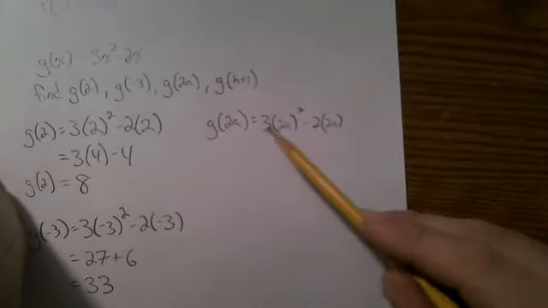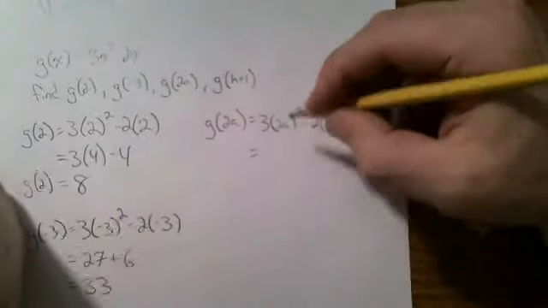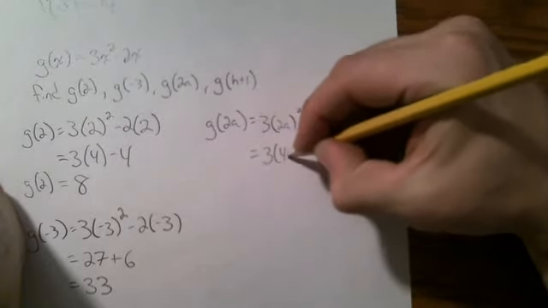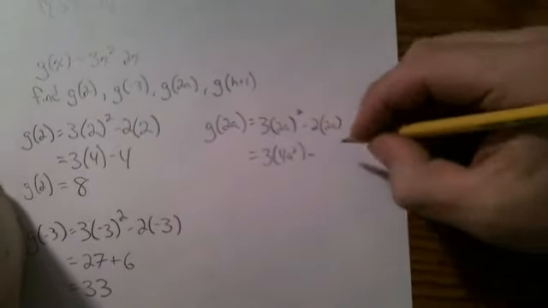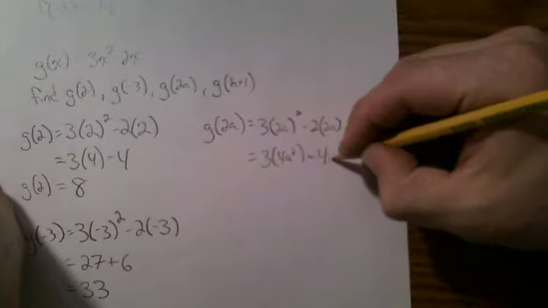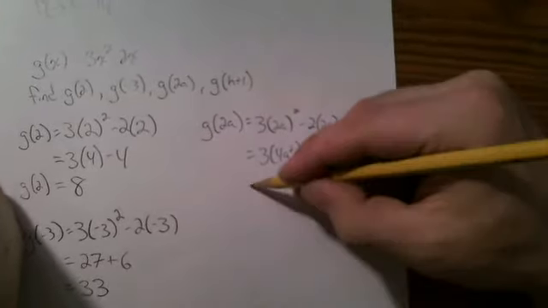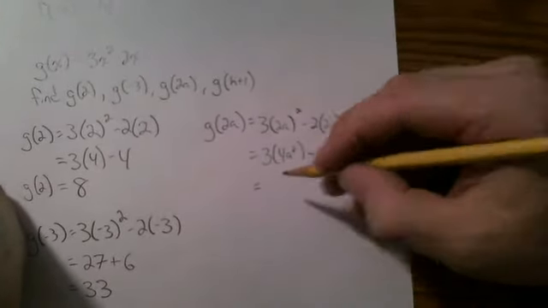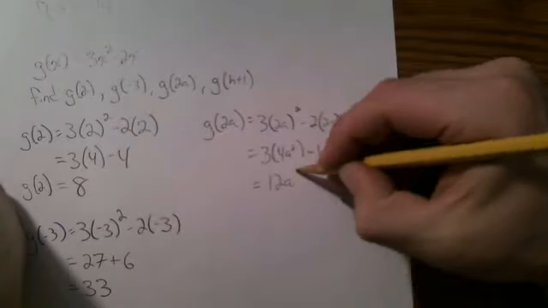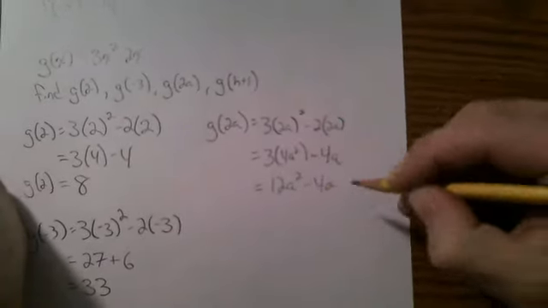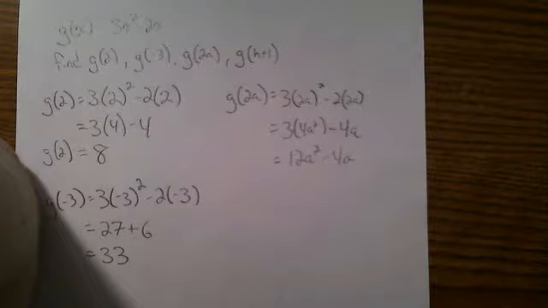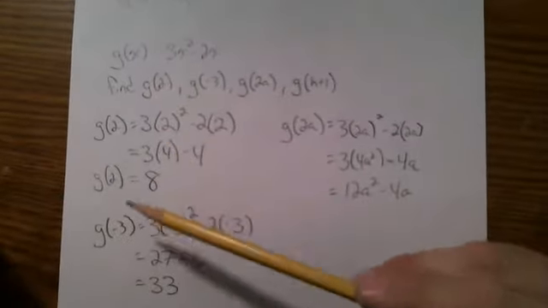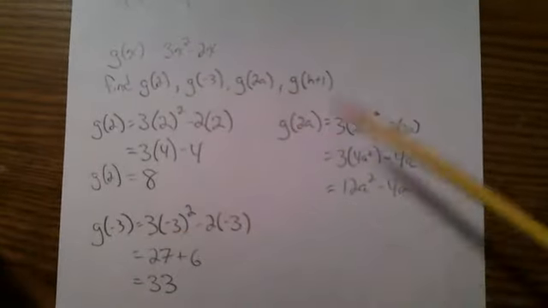Okay, let's square the 2a first before we multiply by 3. 2a squared is 4a squared. And negative 2 times 2a is negative 4a. Clean this up a little more. 3 times 4 is 12a squared minus 4a, and that is all we can do. These are not like terms. I cannot combine them. So far we found g of 2, g of negative 3, and g of 2a.